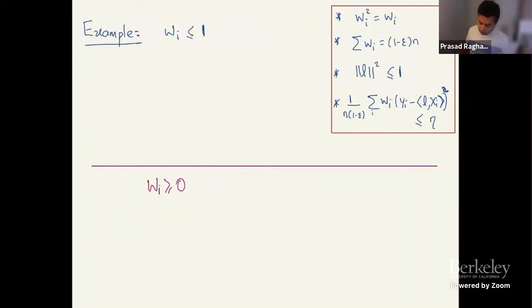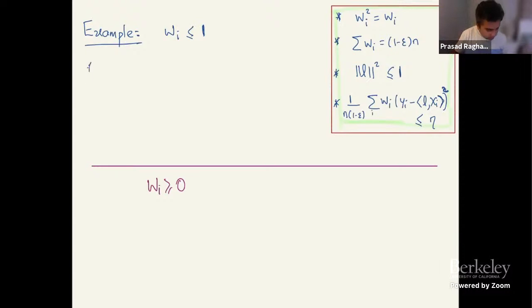So let's say you want to prove that w_i is less than 1. Okay, I've pasted the polynomial system that we are using on the left. So this is sort of our axioms of our system, with which we start all our proofs. And suppose you want to prove this inequality, w_i less than 1. Well, here's a proof.